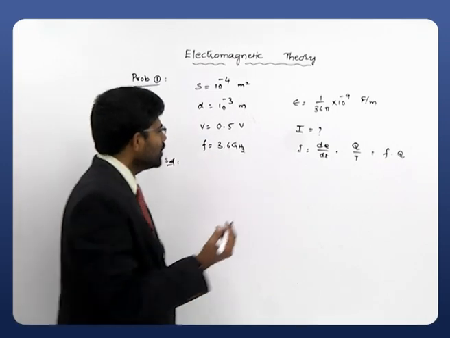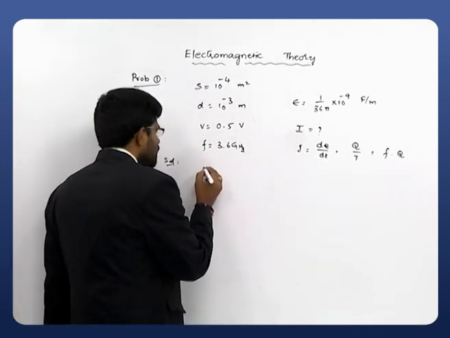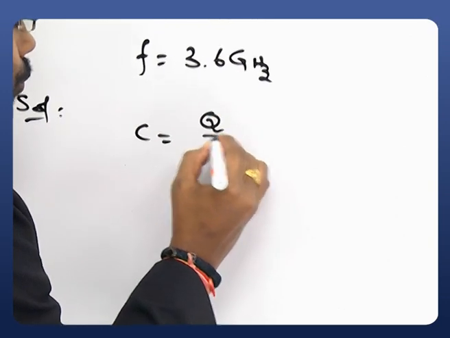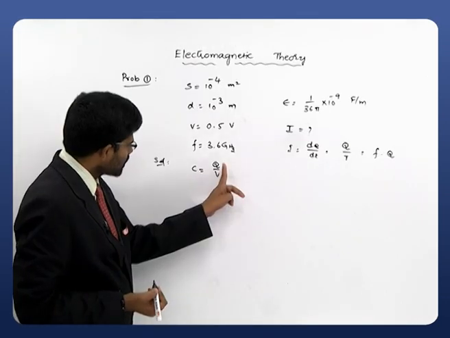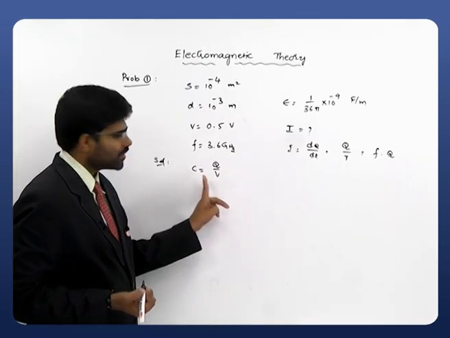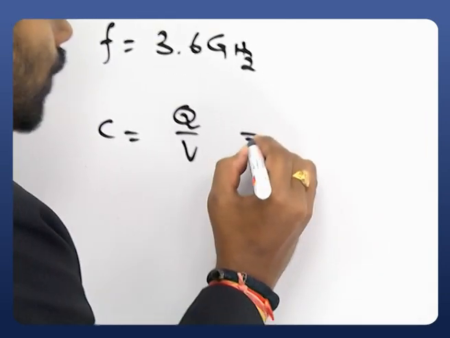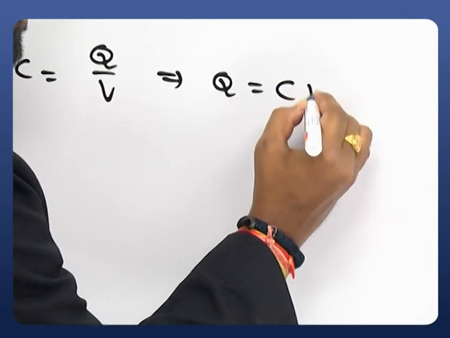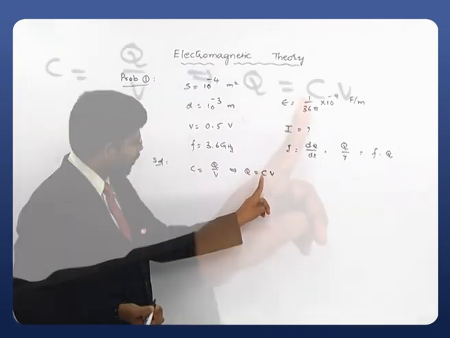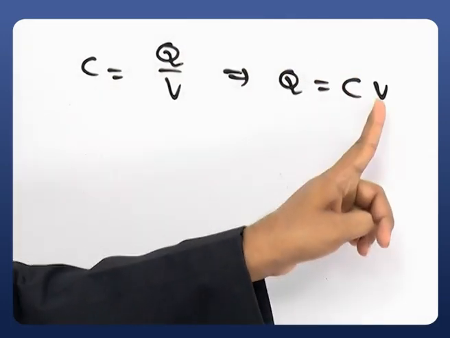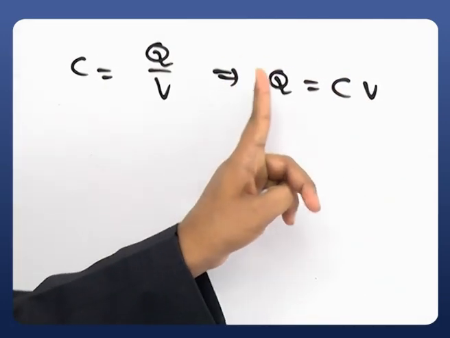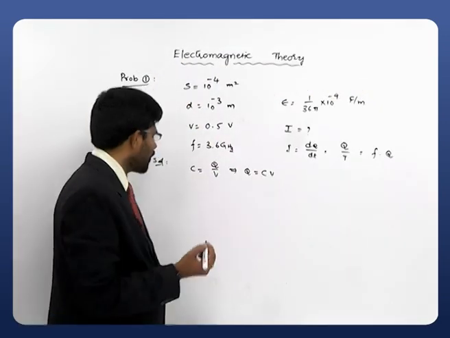Here clearly we have C is equal to Q by V, so the charge can be calculated using capacitance as well as the potential. From this, Q is equal to just CV. If you know the capacitance and multiply it with the potential, we will get charge. So initially we have to obtain this capacitance.